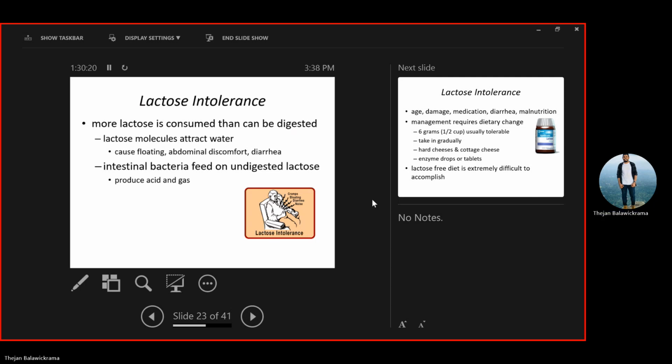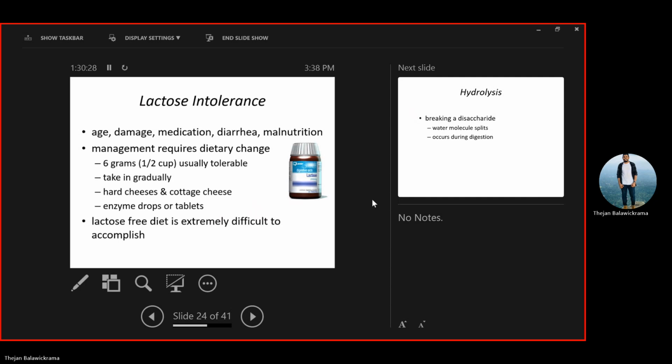Clear, right? So this is more about lactose intolerance.